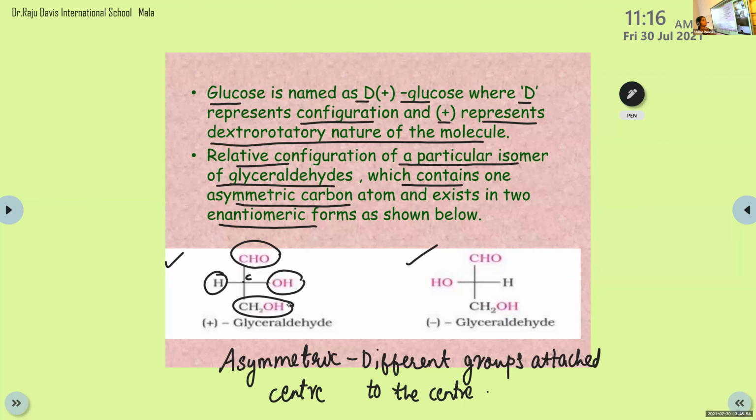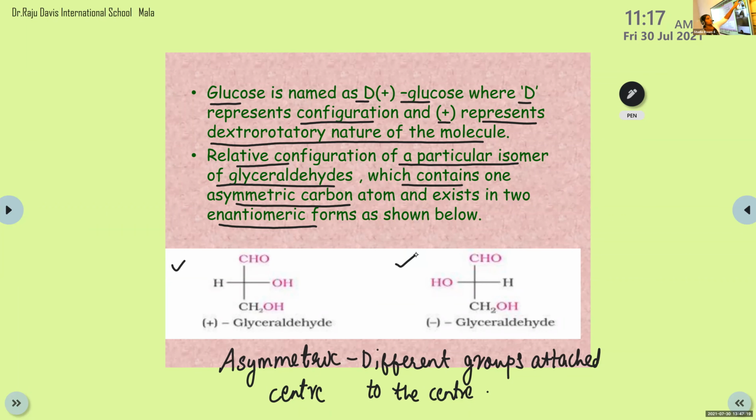It is not symmetric, right? And there are two forms for this asymmetric carbon atom. They are known as enantiomeric forms. So these two are the enantiomeric forms of glyceraldehyde.